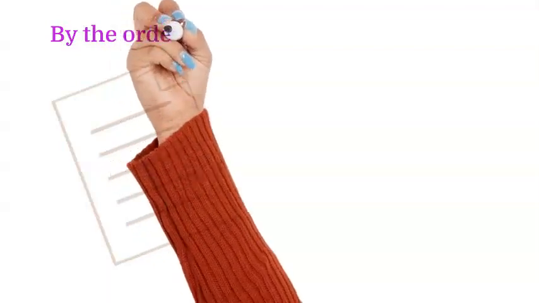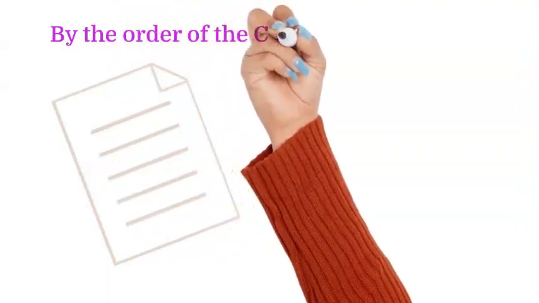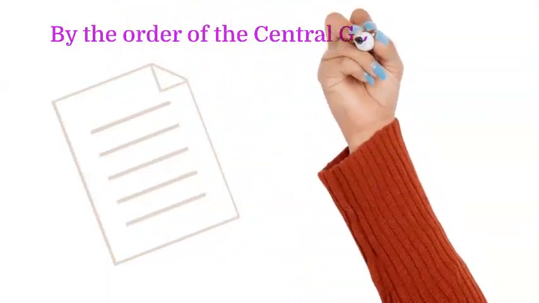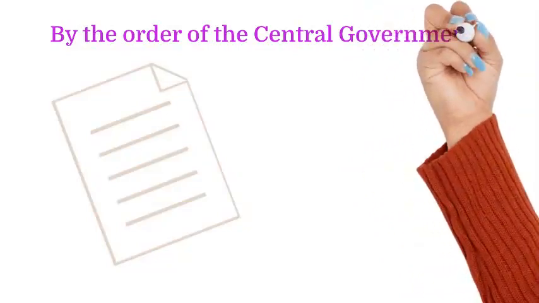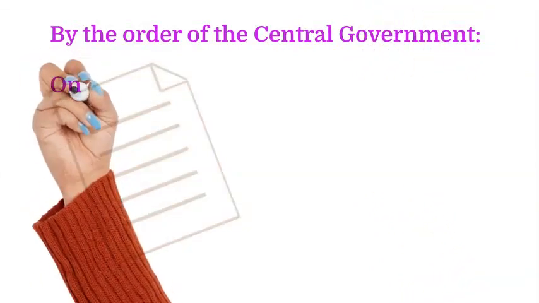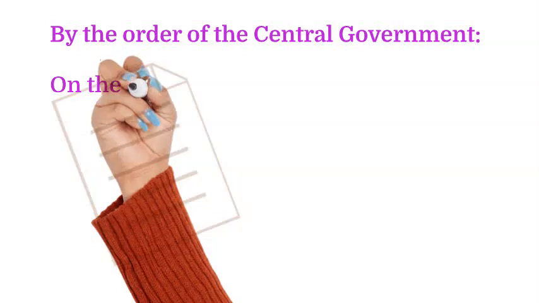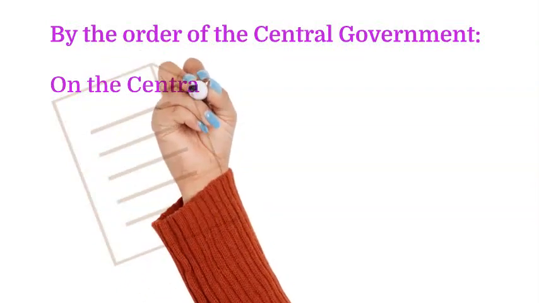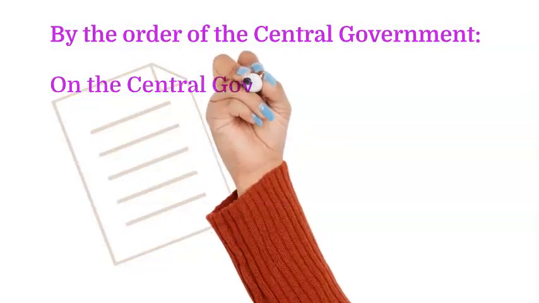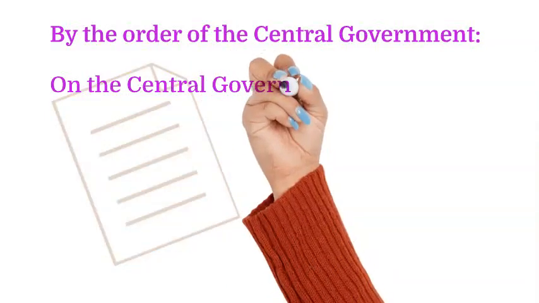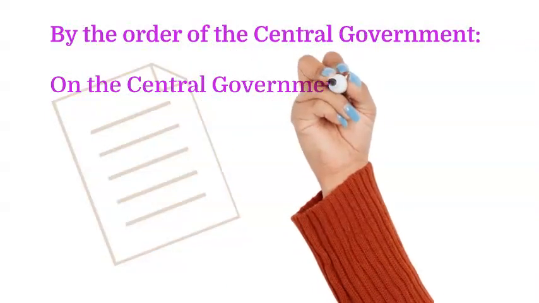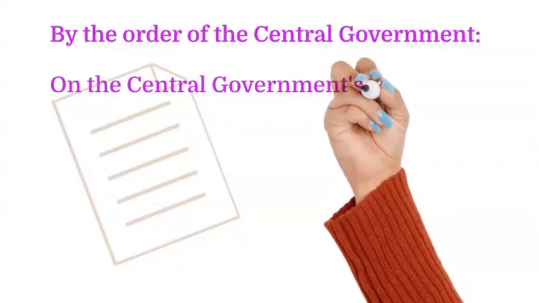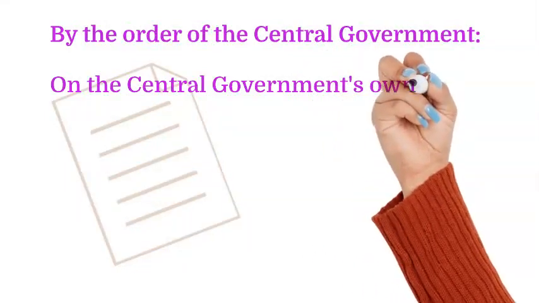Now we come to the second case of alteration of name clause, by the order of central government. The central government may on its own give direction to the company to change its name if the name of a company is identical or too nearly resembles the name of an existing company.